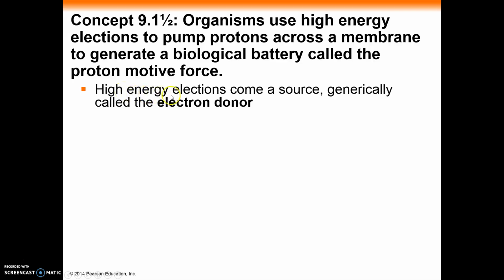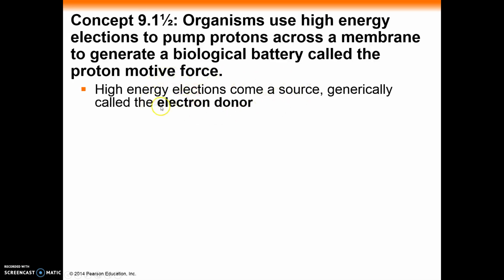Okay, so electrons on organic molecules tend to have a lot of energy associated with them, whereas electrons off of water molecules don't have as much potential energy stored in them.